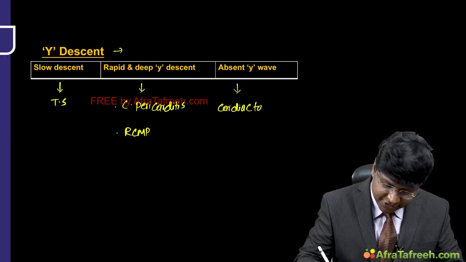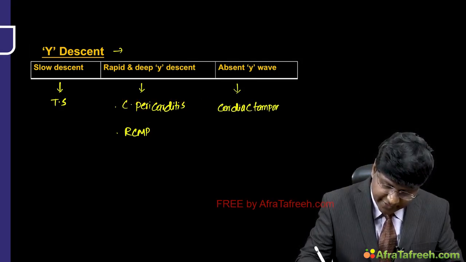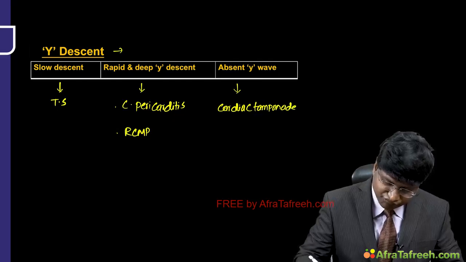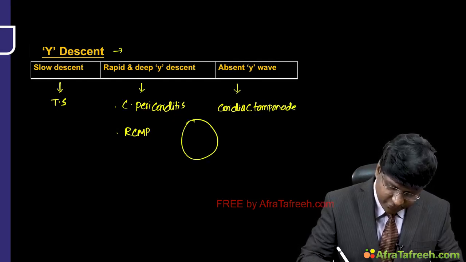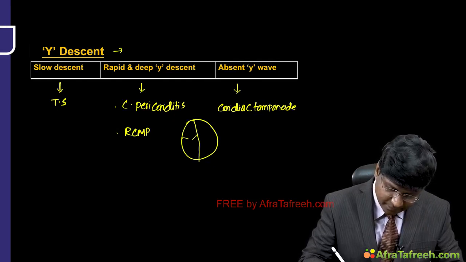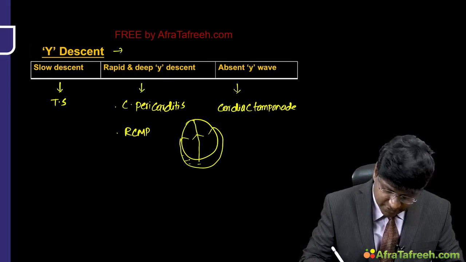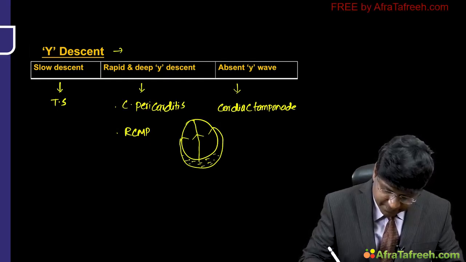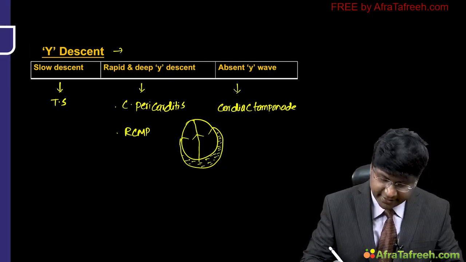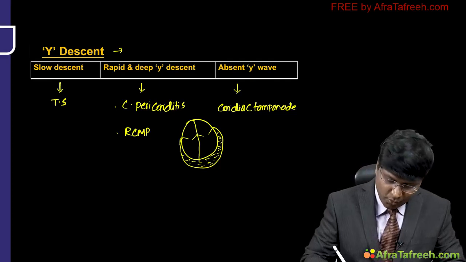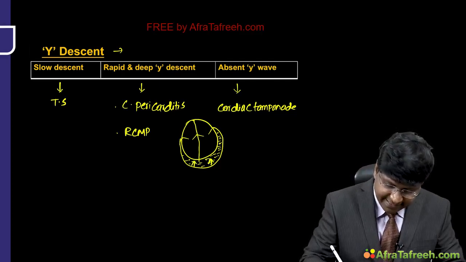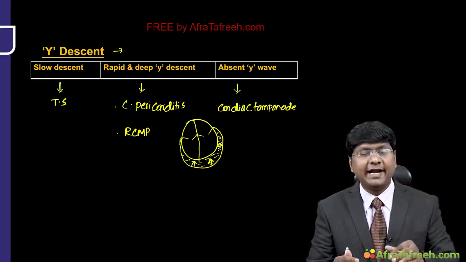See, why is it that in patients with cardiac tamponade the Y wave is absent? Because let us just assume this is a 4-chambered heart and this is the pericardial space. And what has happened to the pericardial pressure? It is grossly elevated, or rapidly or abruptly elevated, in case of cardiac tamponade. Once the pericardial pressure is rapidly and abruptly elevated, what happens?